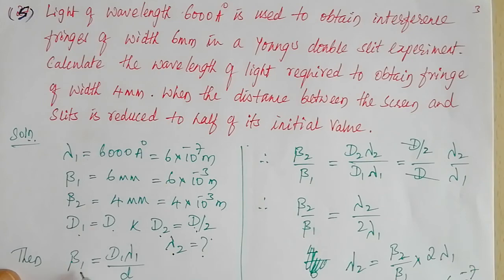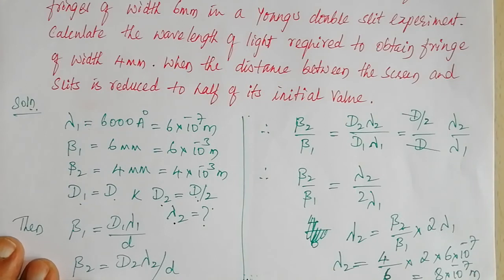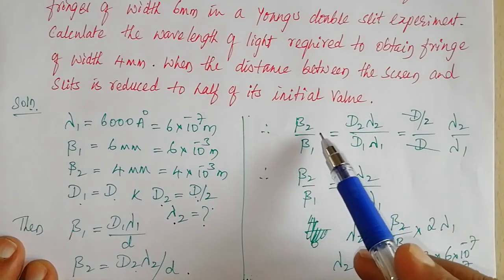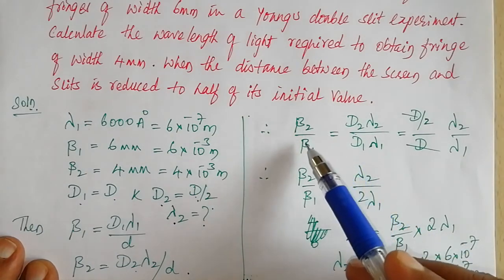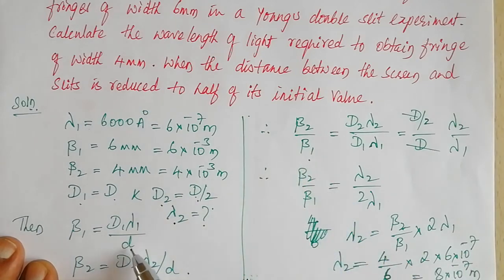Then beta 1 is D1 lambda 1 by d, whereas beta 2, the new fringe width, is D2 lambda 2 by d. Taking the ratio of the fringe widths, beta 2 by beta 1, the small d, the distance between the two slits, gets cancelled.